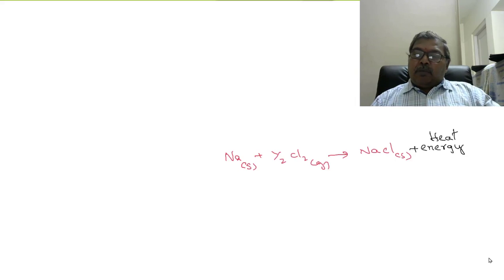Whatever the amount of heat energy released here is called the enthalpy of formation of NaCl. This we discussed in the previous lecture.